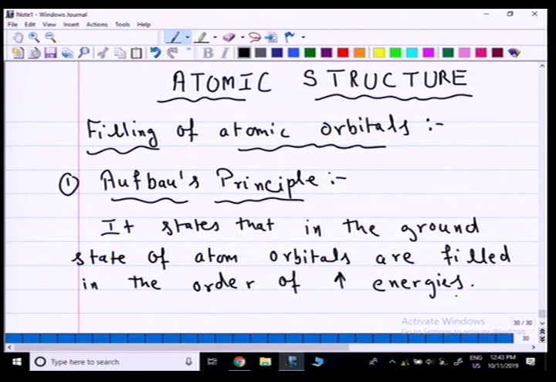It means the atomic orbital which has the lower energy will be filled first, and the orbital which has the higher energy will be filled later on.